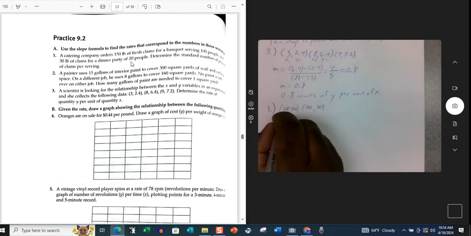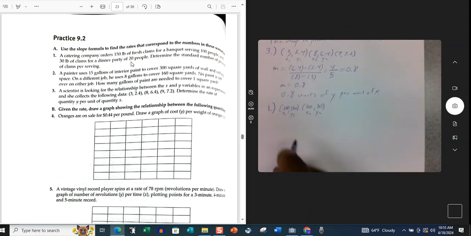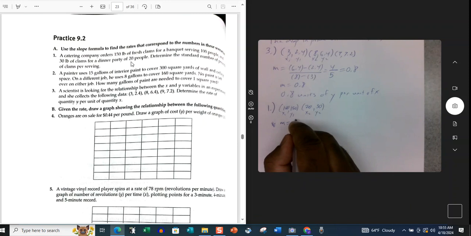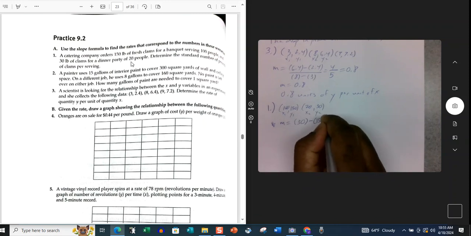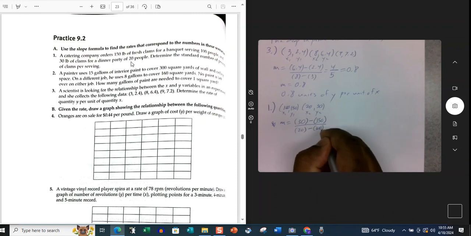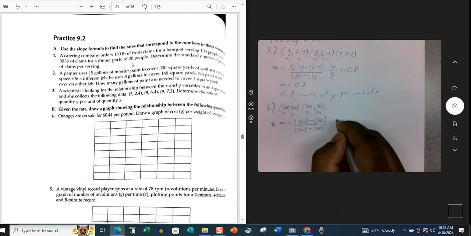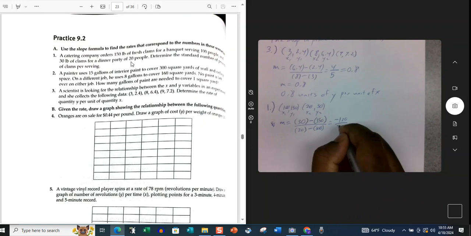So now this is X1, Y1. This is X2, Y2. So we have the slope is equal to, we know Y2 goes first, minus Y1, which is 150, all over X2, which is 20, minus X1, which is 100. 30 minus 150 is a negative 120. 20 minus 100 is a negative 80.